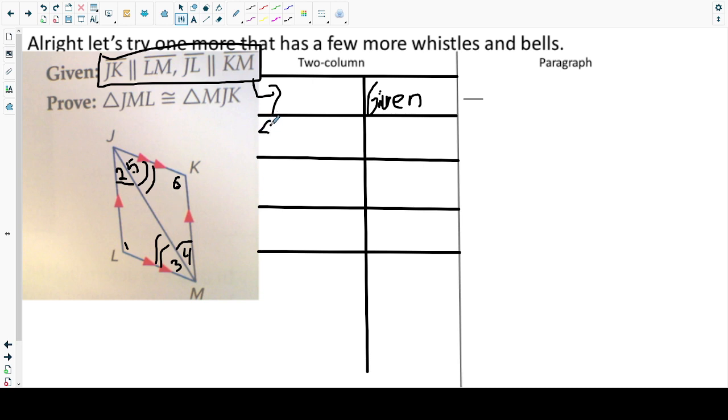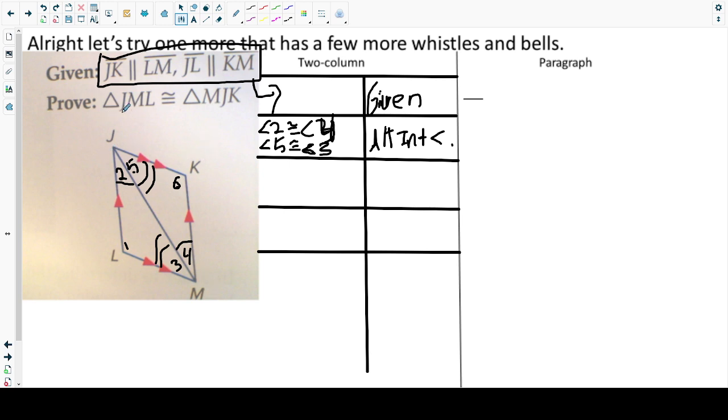I can say that angle 2 is congruent to angle 4, and angle 5 is congruent to angle 3. Got my angles mixed up there. And this is by alternate interior angles, ALT INT.